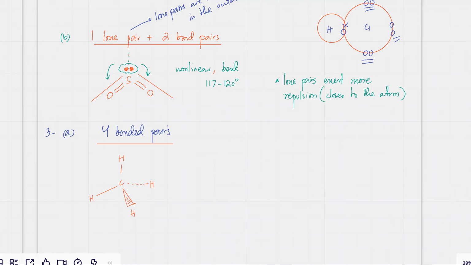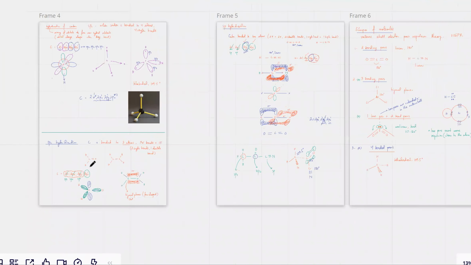So all 4 bonds are identical. So there's a bunch of electrons in this bond, electrons over here, and electrons being shared over here. They would all repel each other, and the shape is going to be called tetrahedral. And the angle would be 109.5 degrees. This is the shape that we drew earlier for sp3 hybridization.